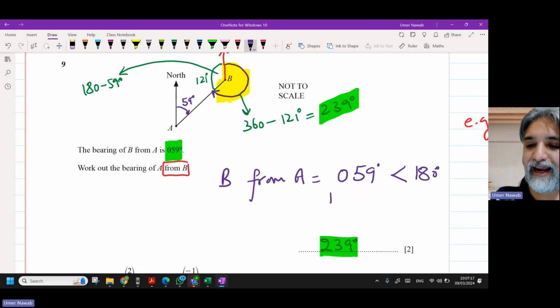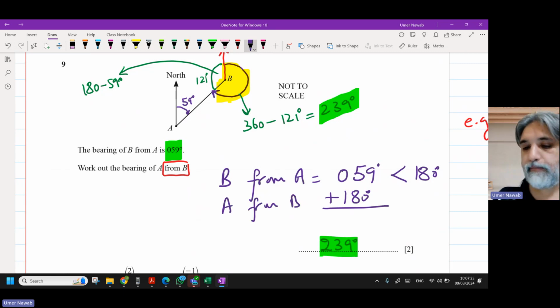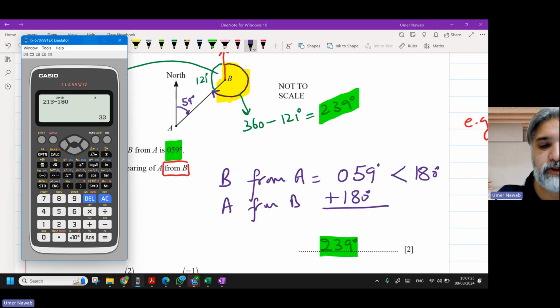I should add 180 to it to get the bearing of A from B, the back bearing. Let me check. Is my answer matching with the answer which I calculated by using the properties of parallel lines and angle at a point? Let's check. 059 plus 180. Look, my answer is the same.